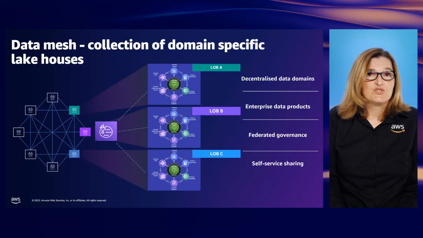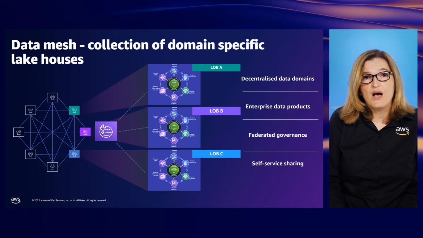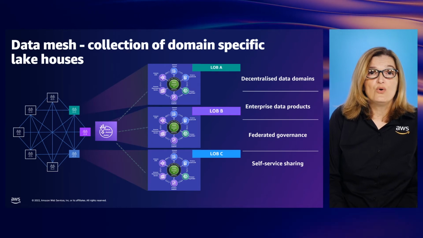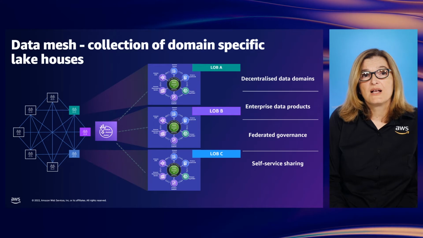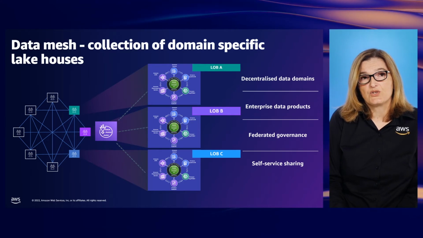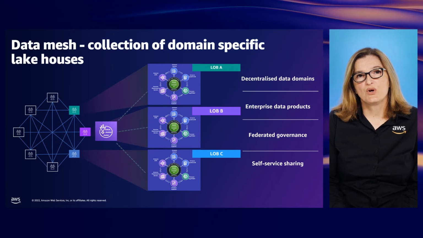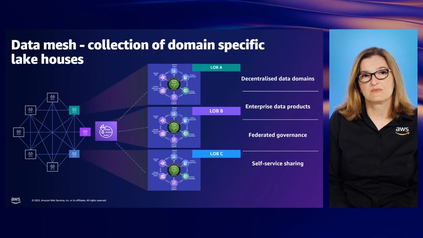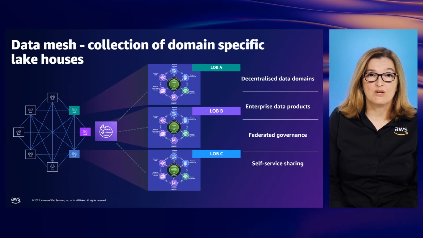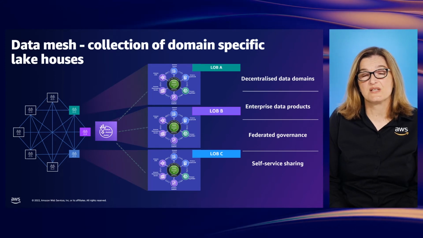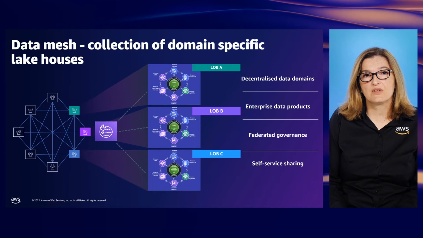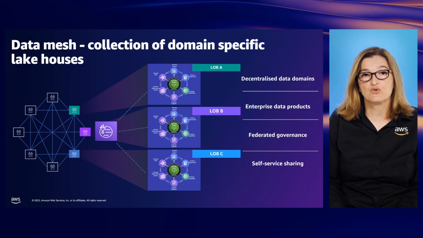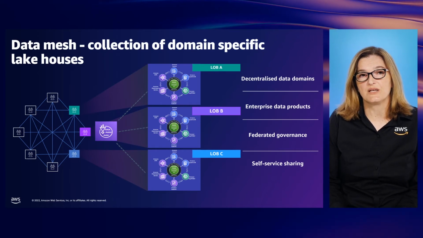This diagram is just a better visual representation of how multiple domains aligned to multiple different lines of business, or LOBs as I'll call them from here on, come together into a data mesh architecture. The beauty of this approach is that individual lakehouse data domains can be different for different LOBs. As an example, one LOB can only have big data processing platforms such as EMR. Another can have a cloud data warehouse such as Redshift. And let's say the third LOB can have visualization and search capabilities only.